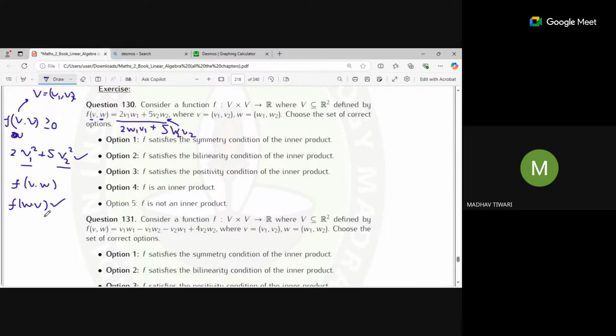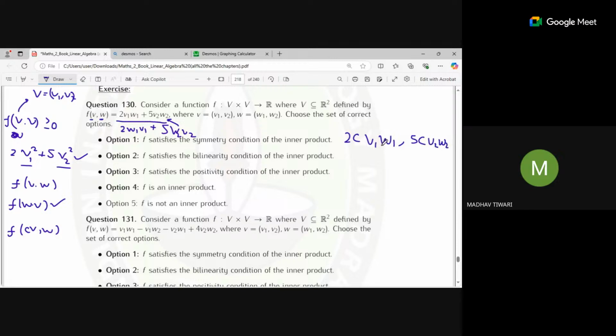Next property was the scalar multiplicative property. Suppose I want to find the inner product of C times V with W. So C times V you are doing, so you can write C times V1. You will get 2C times V1 W1, and 5C times V2 W2.